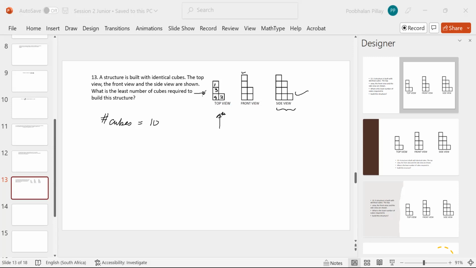Then we did averages. Now remember, the most important thing about averages is that the average is equal to the sum of all the numbers divided by the number of numbers. So that is what the average is.